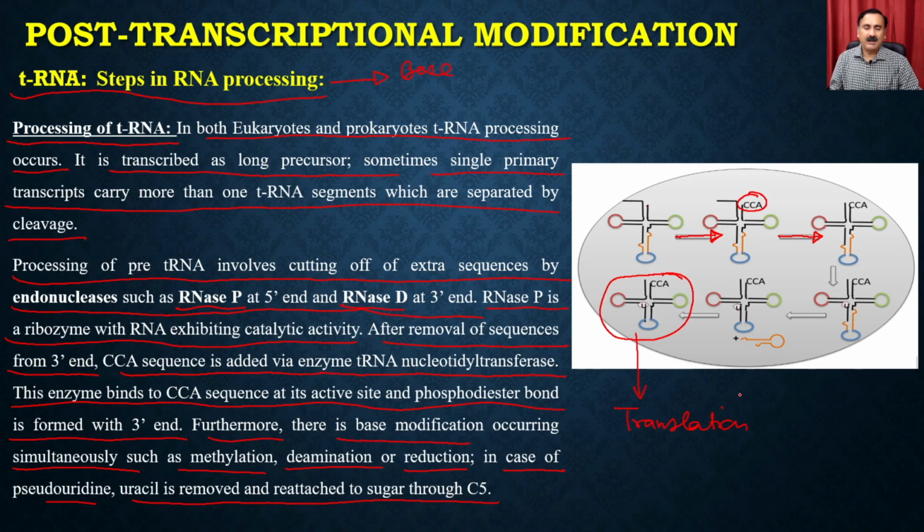So this is all about transcription, and what we have discussed so far. We have discussed transcription in the prokaryotes, and the different steps: initiation, elongation, and we have also discussed termination.